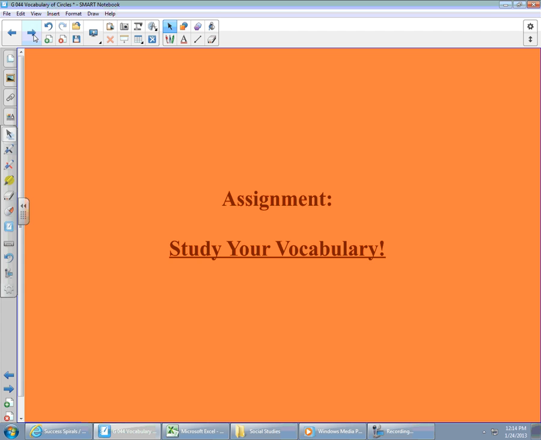If you're still having trouble with how central angles or inscribed angles work or what their rules are, I'd like you to get that done as well. Your only assignment is to come back to class tomorrow fully prepared with all of the information we have talked about for circles.